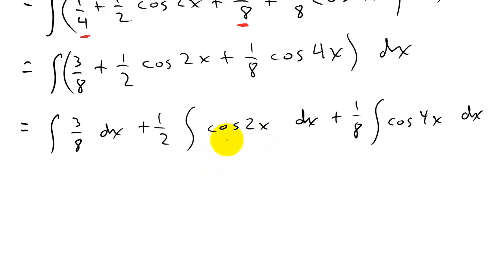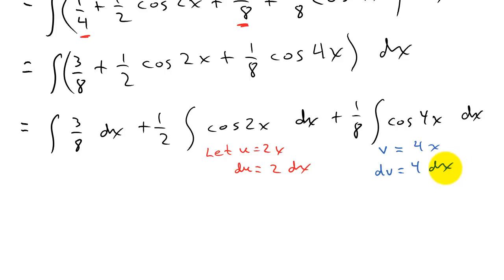So for this part, I'm going to let u equal 2x. So du is equal to 2 dx. And for this one, instead of using u, I'll use a v. I'm going to let v equal 4x. So dv is equal to 4 dx.